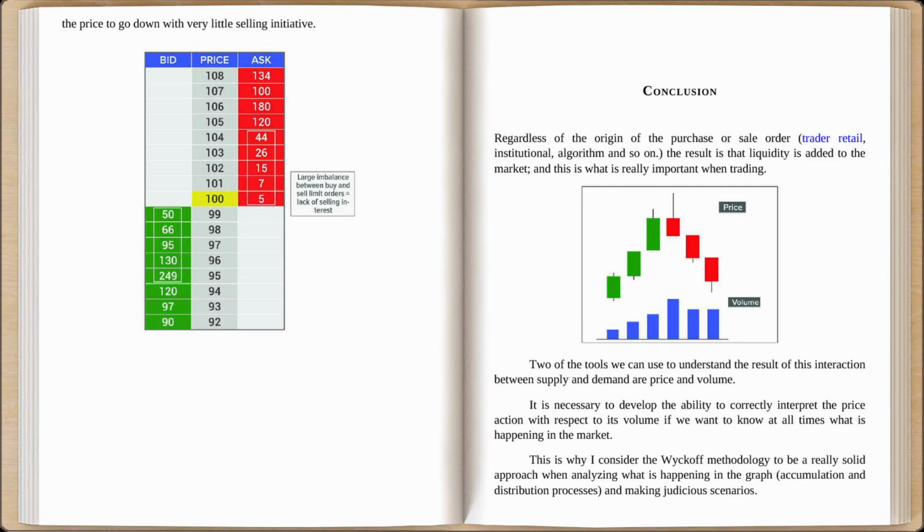It is necessary to develop the ability to correctly interpret the price action with respect to its volume if we want to know at all times what is happening in the market. This is why I consider the Wyckoff methodology to be a really solid approach when analyzing what is happening in the graph, accumulation and distribution processes, and making judicious scenarios.